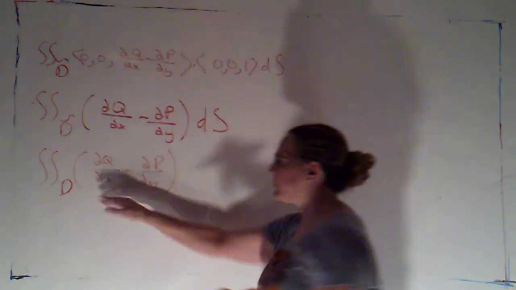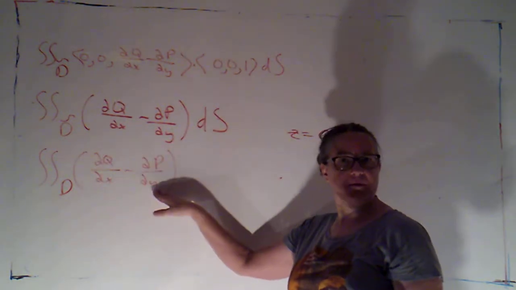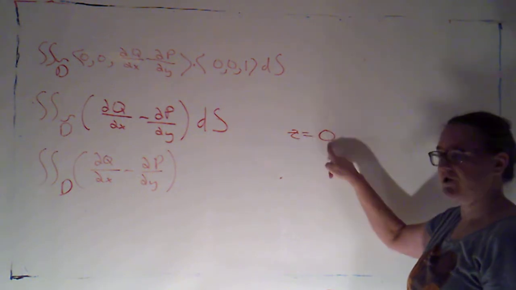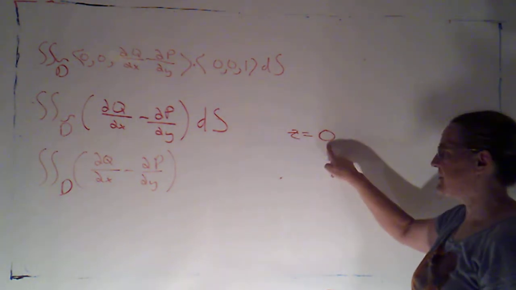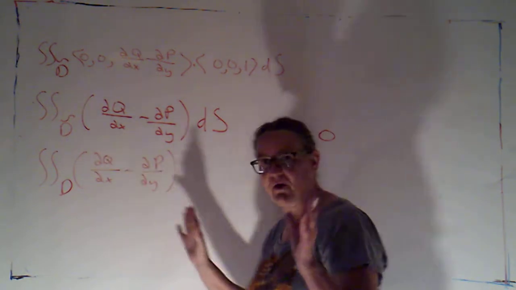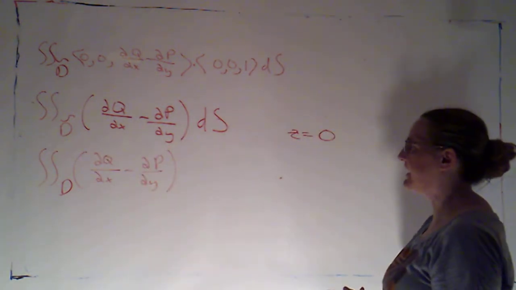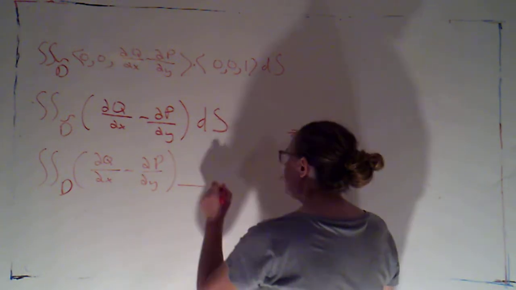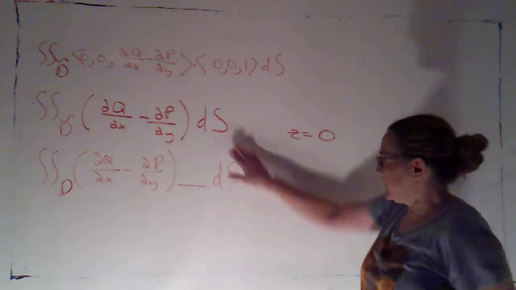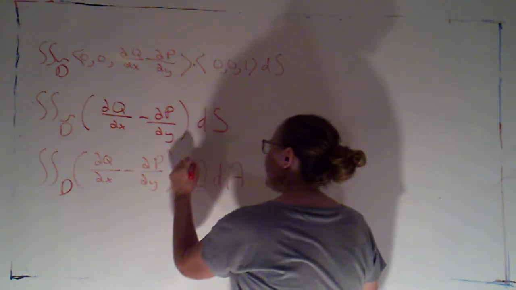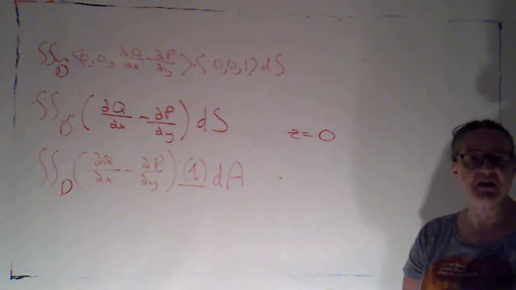There were no z's in this formula, so if I'm using as my parameterization that z is a function of x and y, and it's just the 0 function, there's no place for me to plug in 0 for z here. So I've just got a function of x and y. And then ordinarily I would get some scaling factor that would allow me to switch to dA, but that scaling factor is actually just going to be 1.